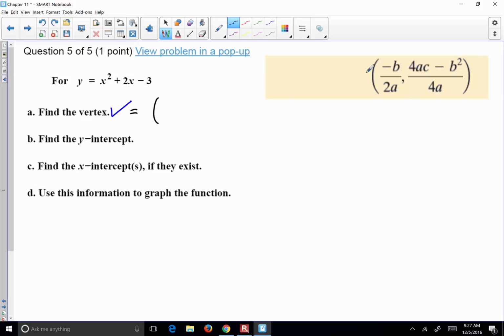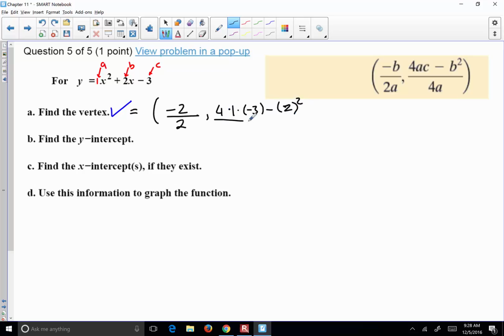So this is going to be minus b. What is b? Here is b. Here is a. That's 1. Here is c. Minus b is minus 2. Minus positive 2 over 2a. Divide by 4ac minus b squared. b is just 2.